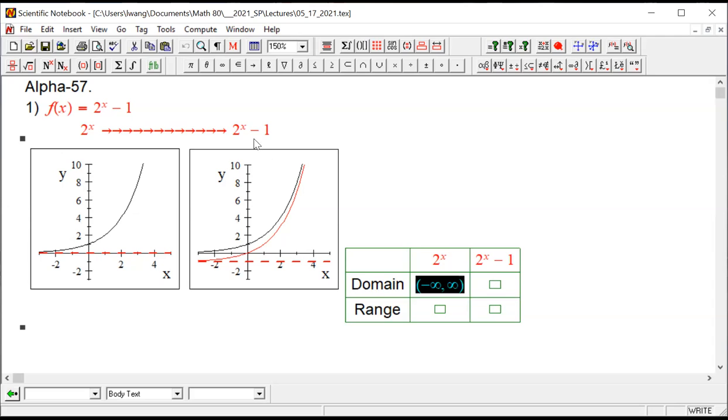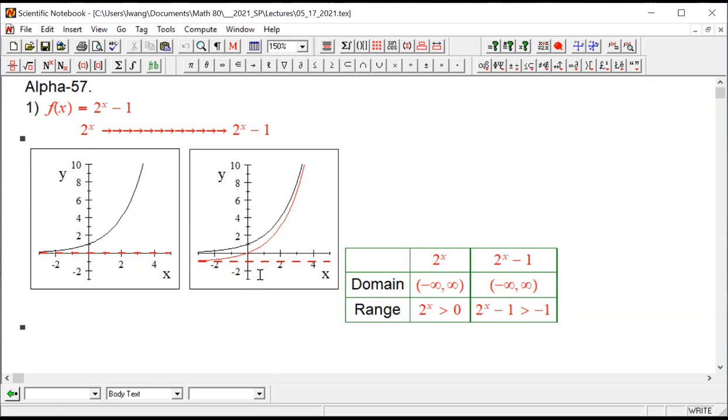Okay, they have the same domain. But because 2 to the power x is larger than 0, it's always positive. That's a horizontal asymptote. For 2 to the power x minus 1, the range has shifted.